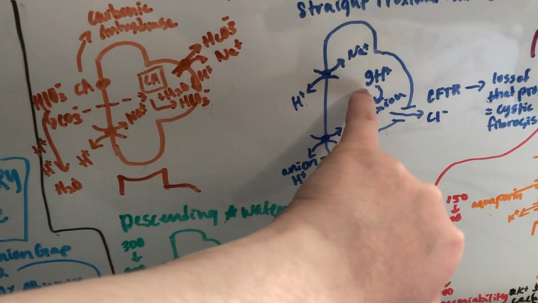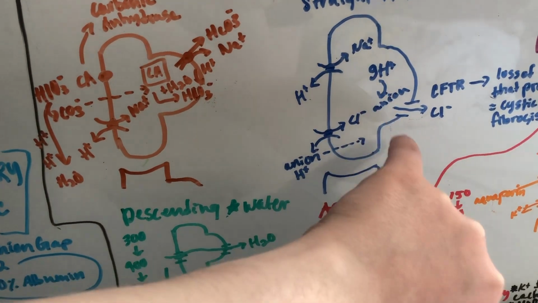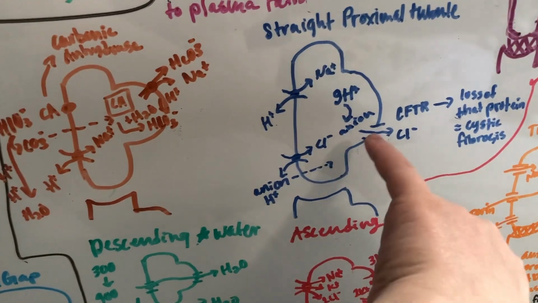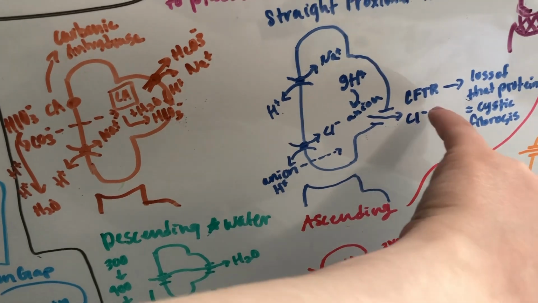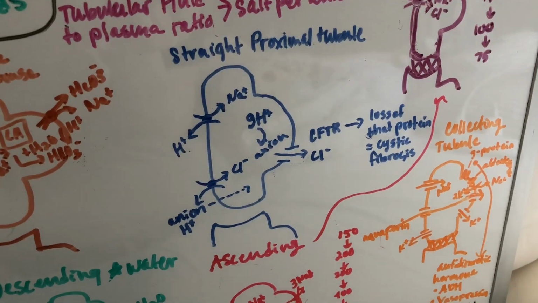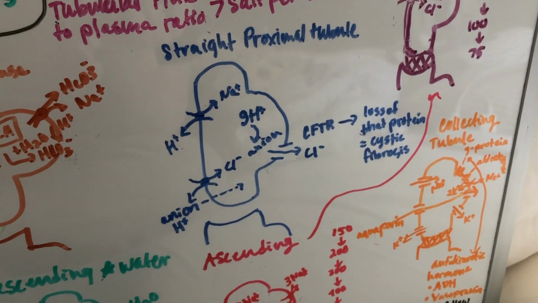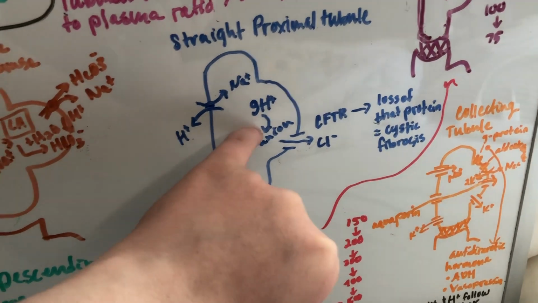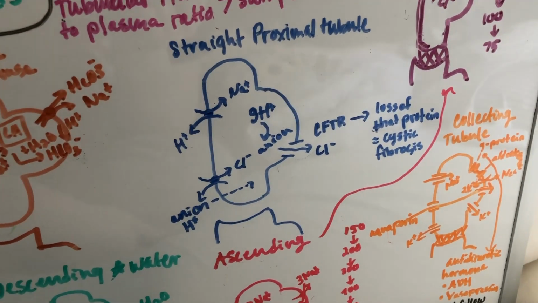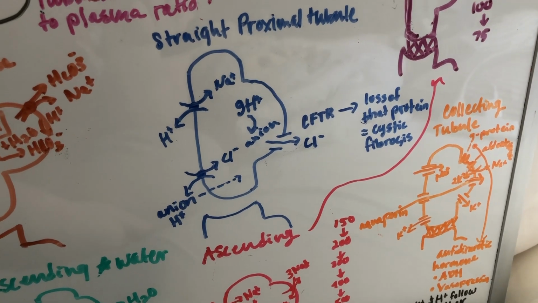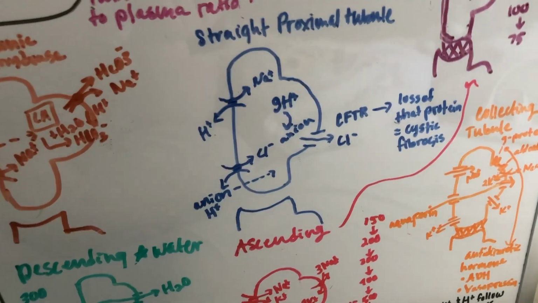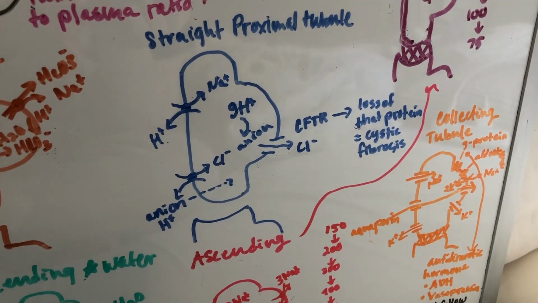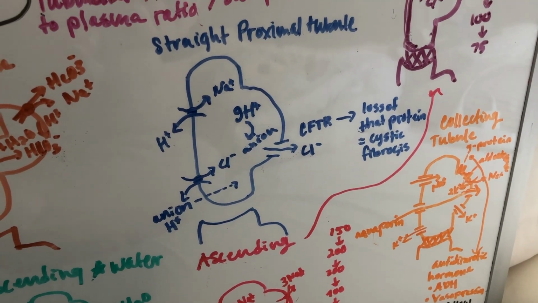And this leads to anions, and then that chloride that's pumped in gets pumped out right here. And CFTR is the protein involved. So when you lose that protein, you have cystic fibrosis.